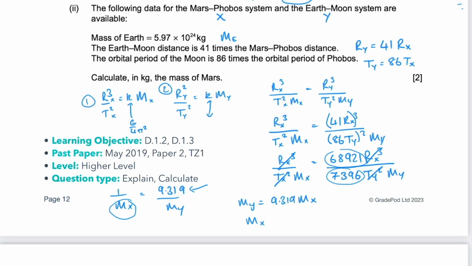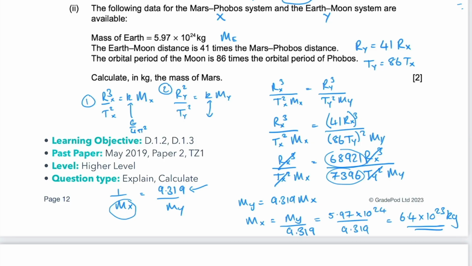So Mx equals My divided by 9.319. My is the mass of the Earth. So we've got 5.97 times 10 to the 24 divided by 9.319. And that gives us 6.4 times 10 to the 23 kilograms. And that is our answer.